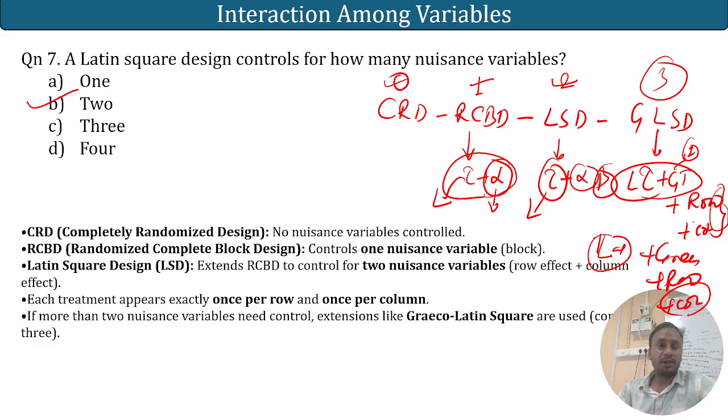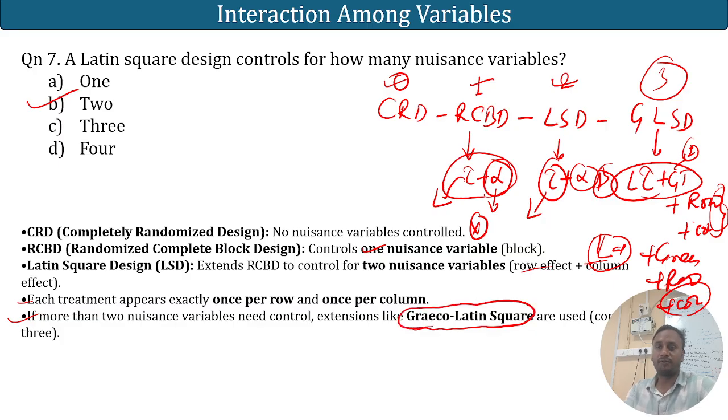Okay, so in a similar way, CRD, no nuisance variable controlled because it's already homogeneous. RCBD, we can control one nuisance variable. Latin square design extends to two: row effect, column effect. Each treatment appears only once in each row and column. If more than two nuisance factors need control, then Graeco-Latin square we have to use.